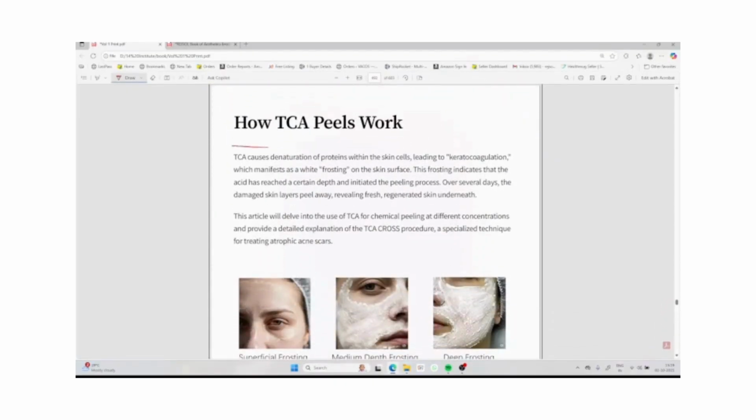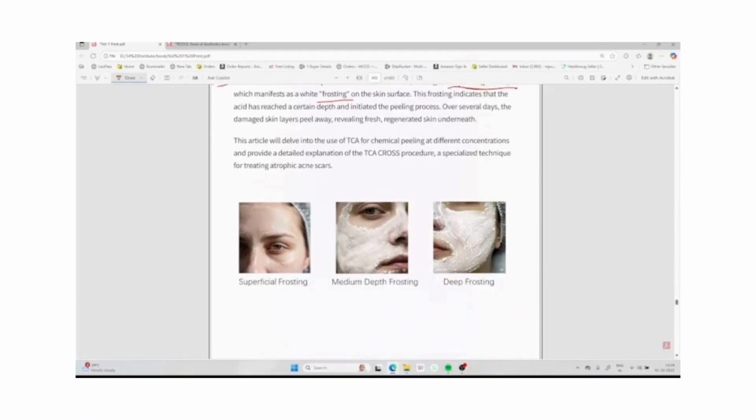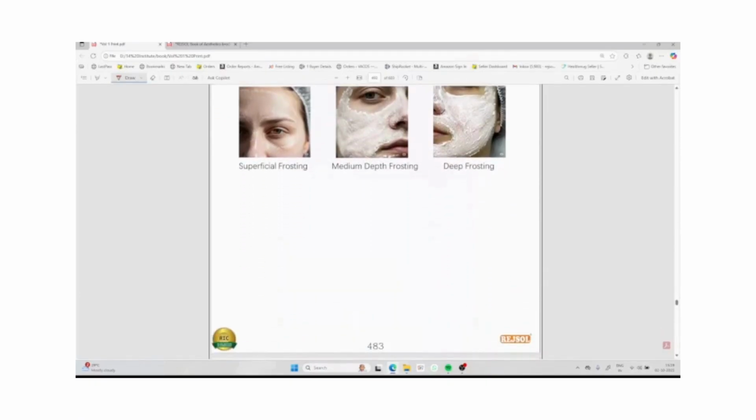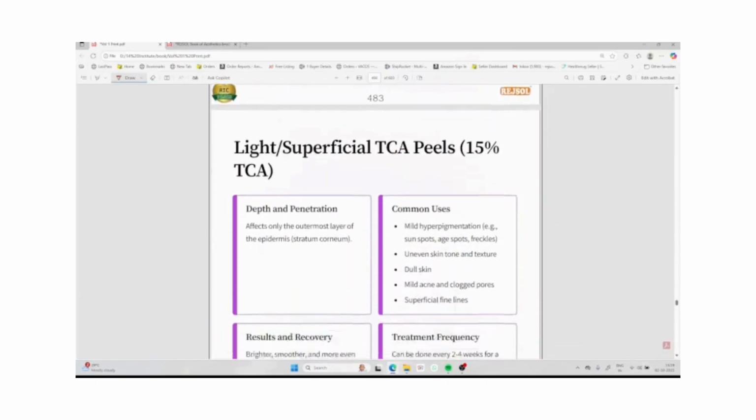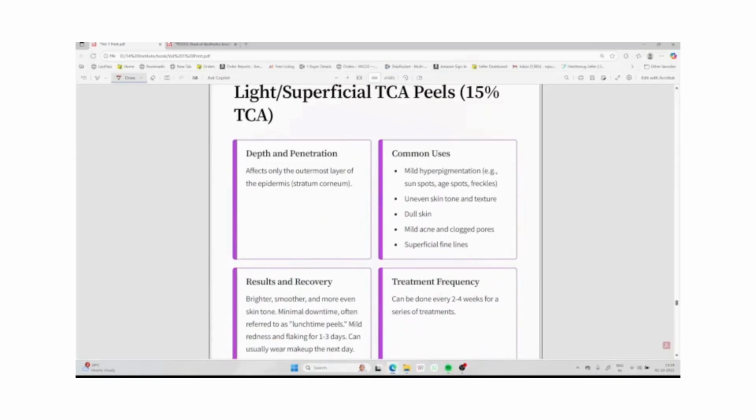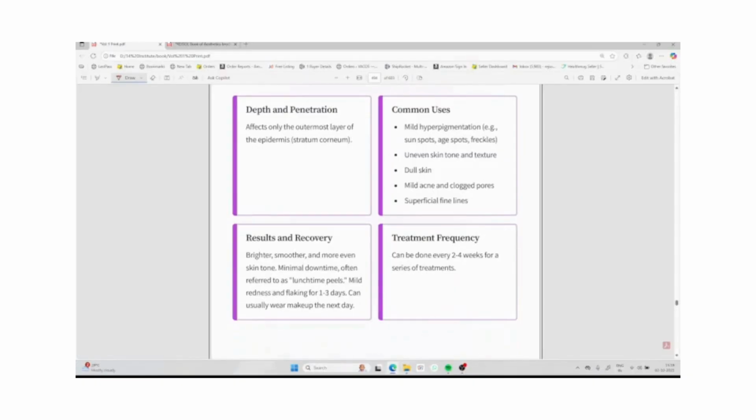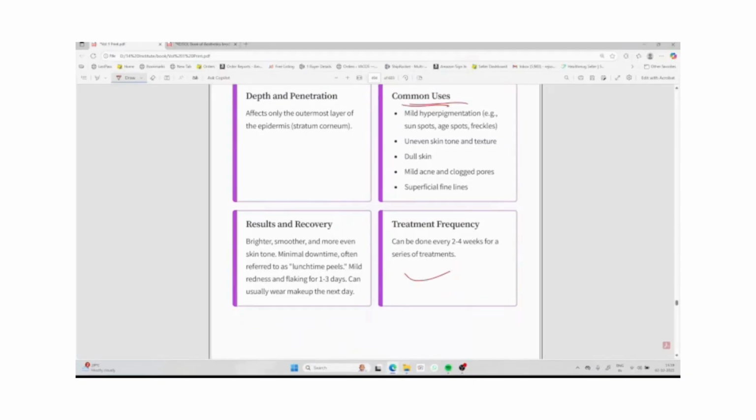Then how TCA works, what frosting is, keratocoagulation, and the principle of it are discussed, with photos of frosting. Then superficial peels: if you want to do a superficial peel with TCA, what strength you should use, the treatment frequency, how the results come, and the depth and penetration of the TCA.